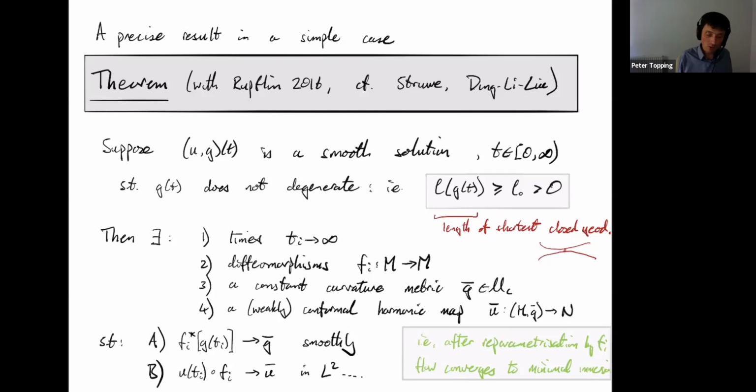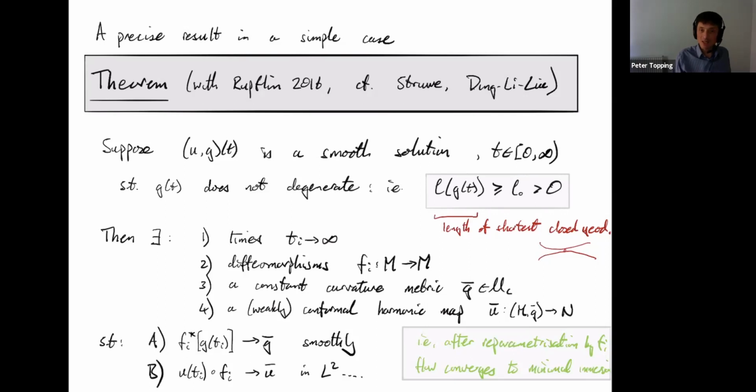So I get convergence as long as I pull back by my diffeomorphism. So that's written here in A and B. If I pull back the metric, I get this limit. And if I pull back the function, in other words, I compose the function with the diffeomorphism, then I get this limit. Let's just say for simplicity in L2, although the convergence will be a lot better in practice. So after parameterization by these diffeomorphisms, you get a minimal immersion.